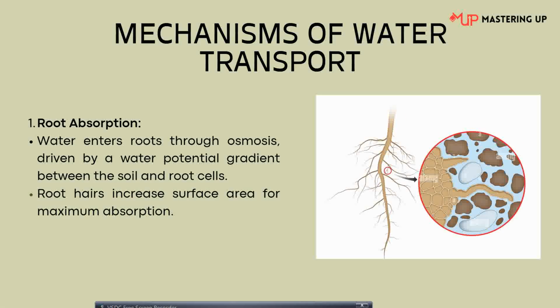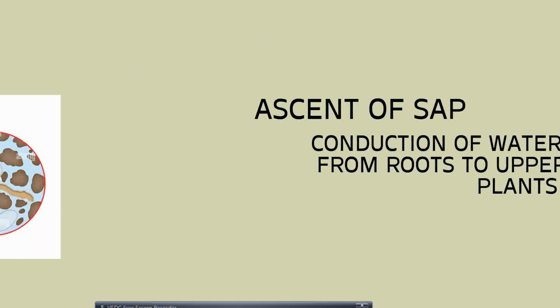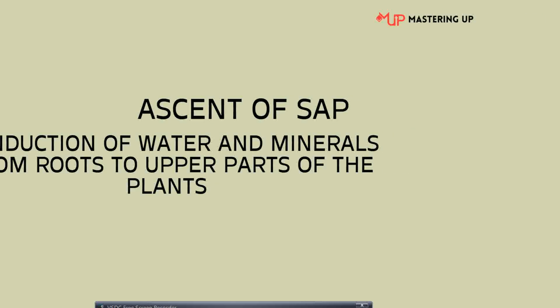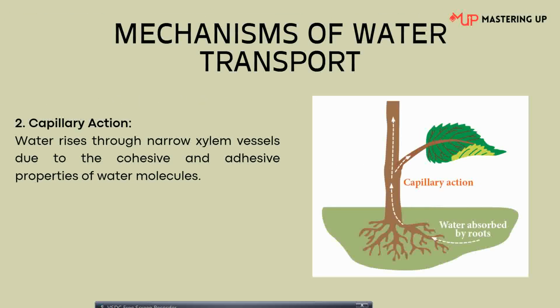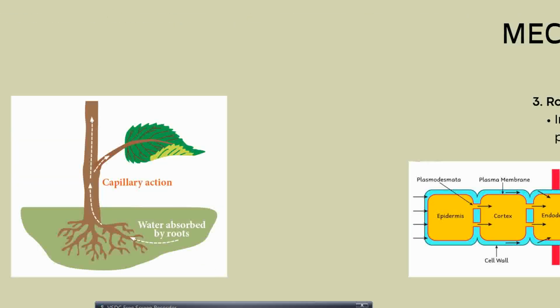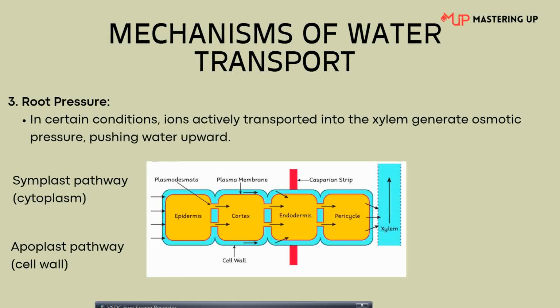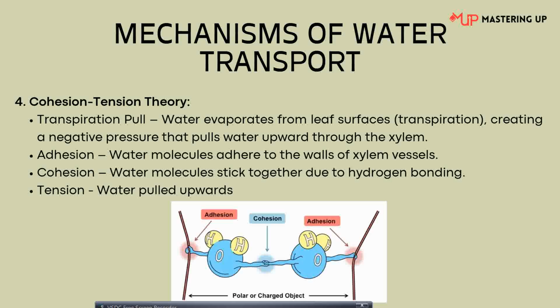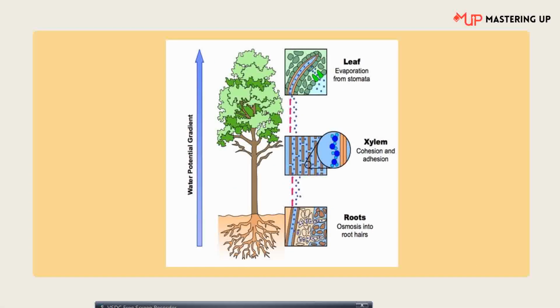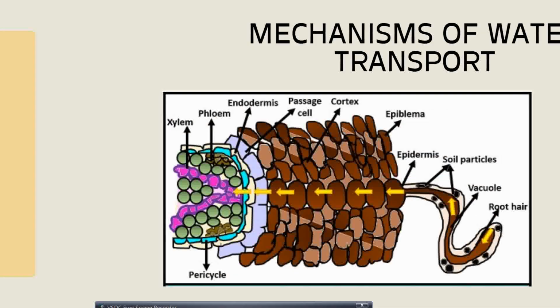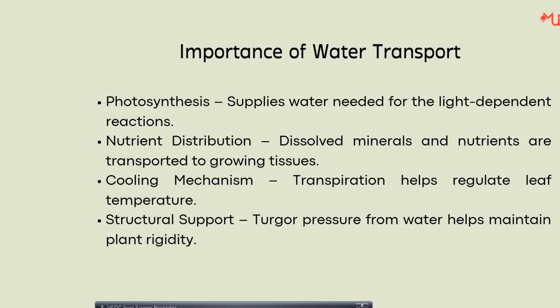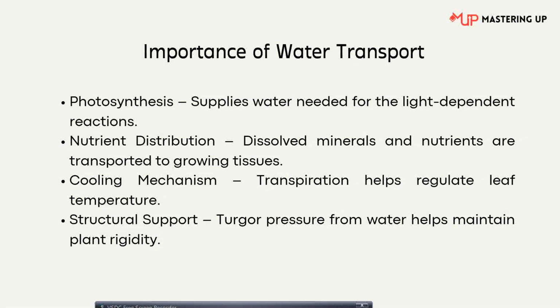Then we studied the mechanism of water transport, root absorption. Then we learned about the ascent of sap. Then we studied that water is transferred to different parts of the plant through capillary action, that is, through the narrow xylem vessels. Then we studied the root pressure. Then the cohesion-tension theory. At last we studied the importance of water transport.